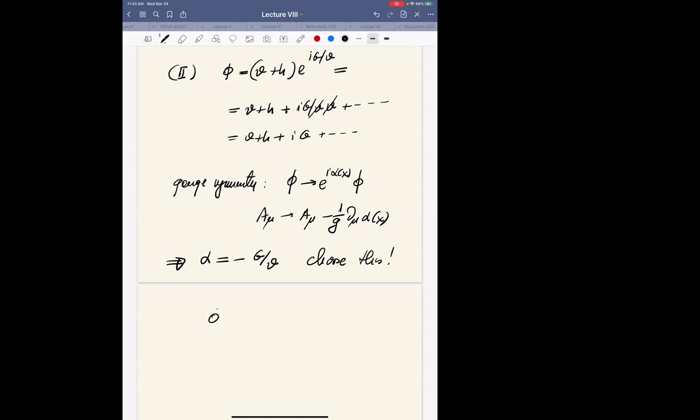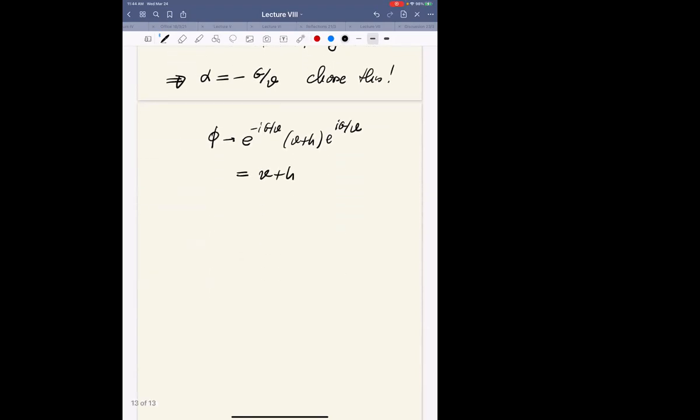In other words, phi goes into e to the minus iG over V, V plus H, e to the iG over V. Look what happened. I get V plus H. I should call it phi prime now.